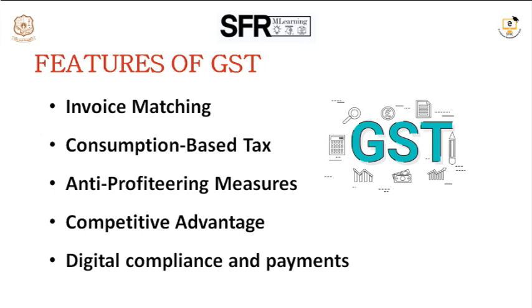For example, the supplier files their GSTR-1 return, which is the return of outward supply. These details appear in the recipient's GSTR-2B statement, which contains details of the purchases made and the input tax credit available, and it will be used as a reference. These GST terms, outward supplies, etc., will be clarified in the consecutive slides.